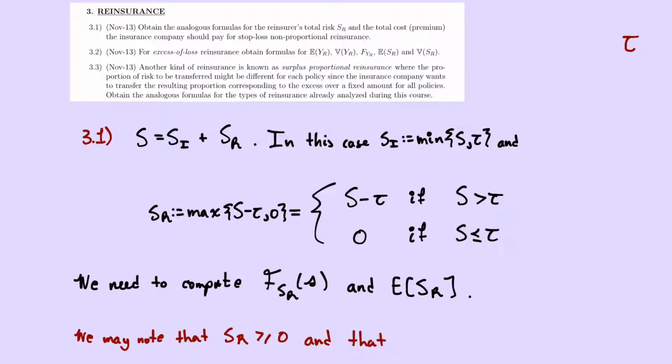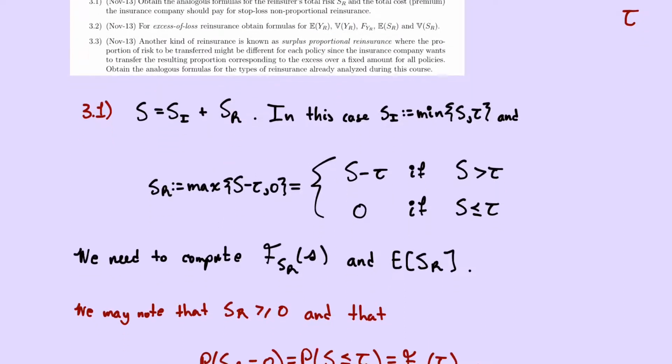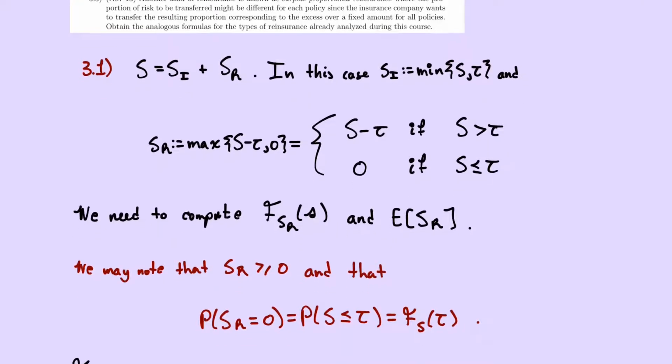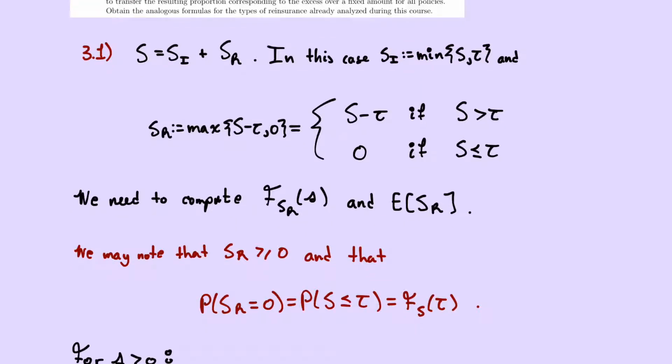Okay, not the deductible, but in the case that we are analyzing, that is how this random variable SR is going to be. It's very similar to a deductible, because you have already analyzed this with the professor. But today we are going to analyze what happens with this random variable that in this model has to be defined by the maximum between the random variable S minus the value tau and 0.